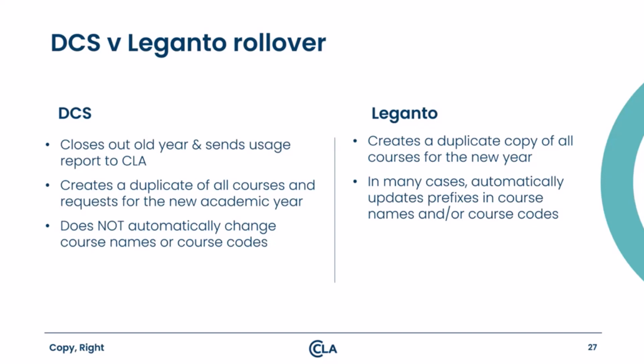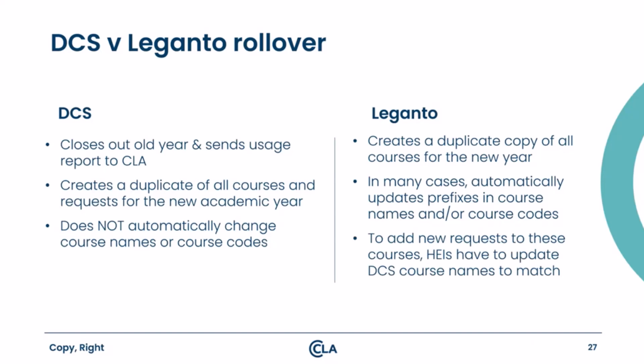So, for example, the academic year this year is 22-23. So very often you've got that as a prefix in course names and course codes. And when you roll over in Leganto, it will change that to the new year 24-25 in the codes and names. So that can create a challenge if we don't address it, because then the codes and names will be different in the two systems.